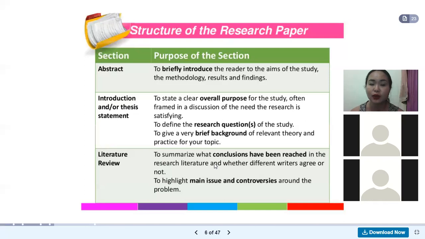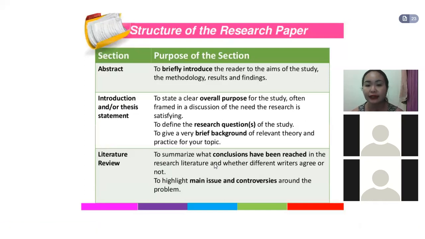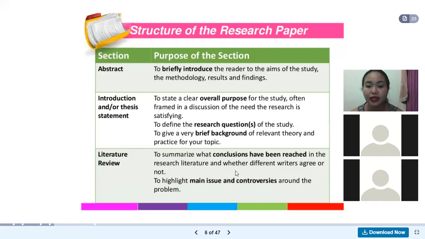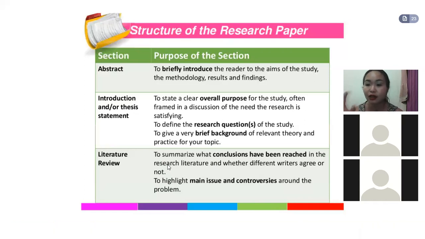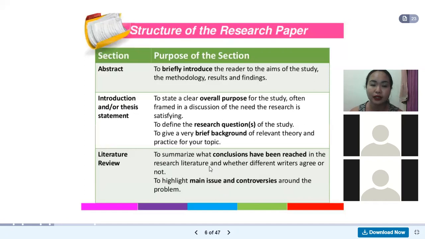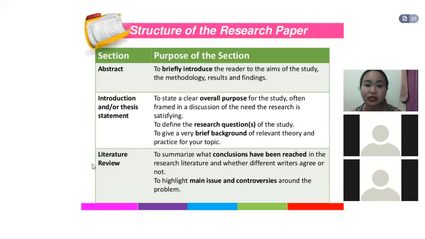You are just going to arrange and rewrite them creatively or technically, depending on the kind of research paper you're going to pursue. Whether different writers agree or not, it doesn't mean it's only one thought. It could be contrasting ideas. For example, in this area or country, a certain project is feasible, but some others say it is very impractical.